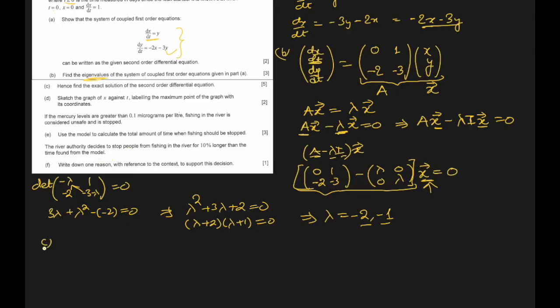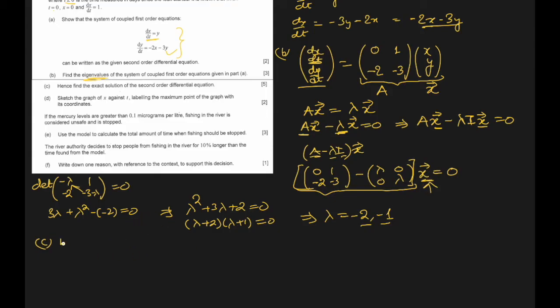C part. Hence, find the exact solution of the second order differential equation. We have to find the solution of basically this equation which we rearranged. Let's find the eigenvectors also, so that it becomes easy.